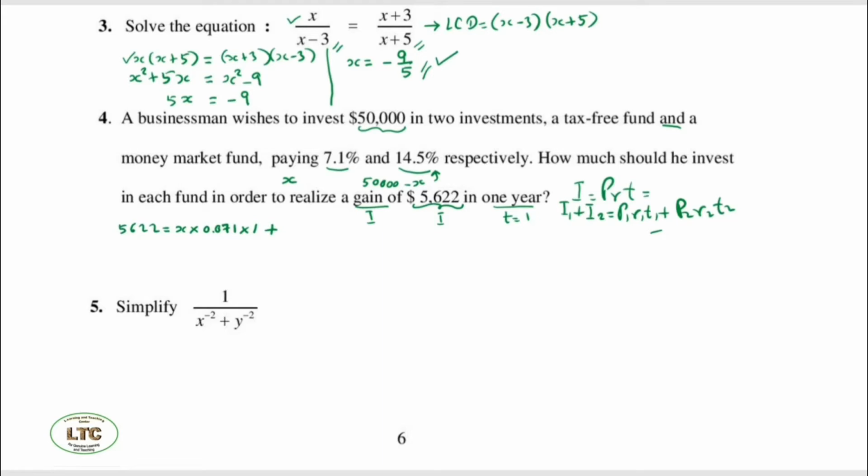Okay, investment number 2, principal 50,000 minus X and R is 14.5%. 14.5 divided by 100 is 0.145. T2 also 1 year. So this is the equation. Solve for X. Okay, this is the linear equation.